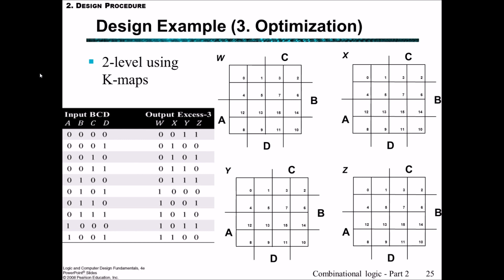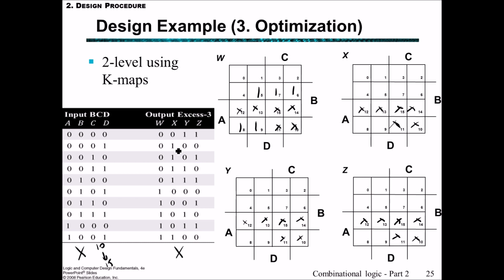We're going to do the two-level optimization using the Karnaugh maps. I've put the truth table down here so that it's easy to reference, and then we're going to be determining the minterms for the outputs. W is true for indexes 5 through to 9, and remember it's don't care for any values from 10 through to 15, which is the same for the other outputs as well.